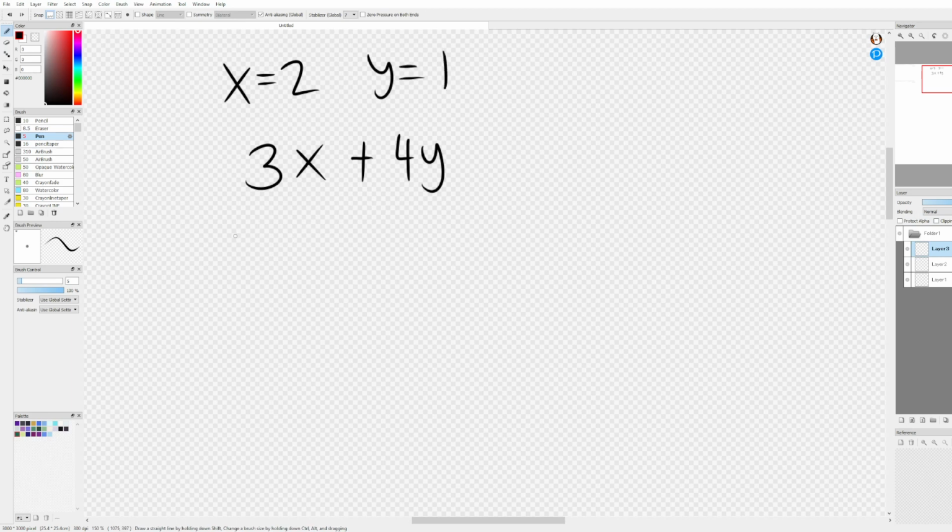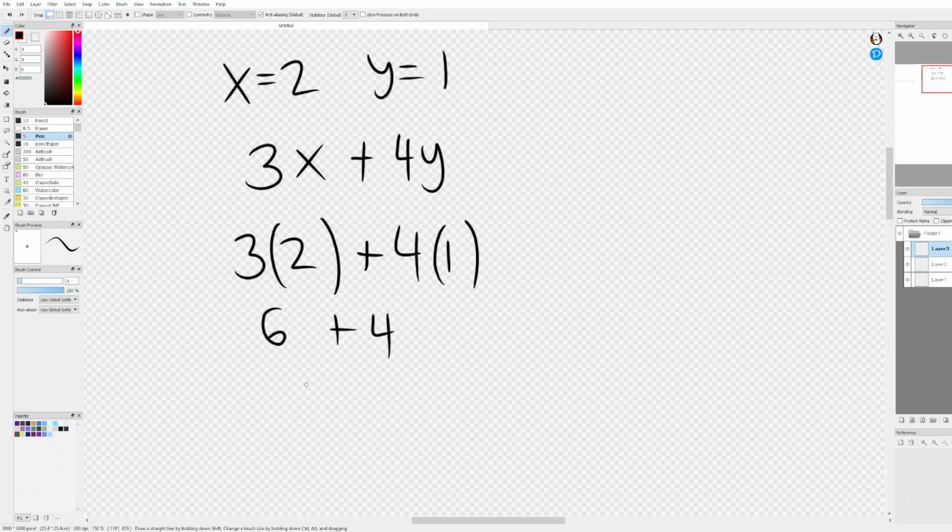So then what you do is you plug in the variables. It's really useful, at least for me, to add parentheses around the plugged in variables just to understand what is going on. So 3 times 2 plus 4 times 1 is the same as 6 plus 4, which is the same as 10.